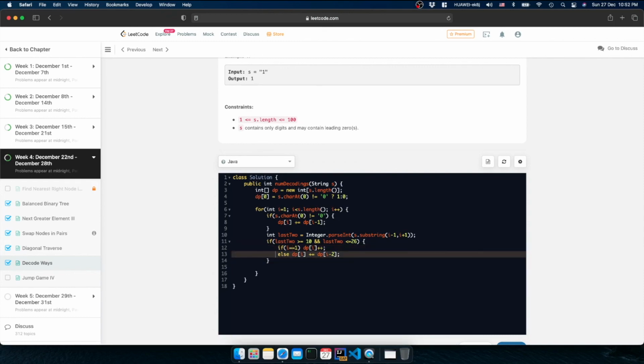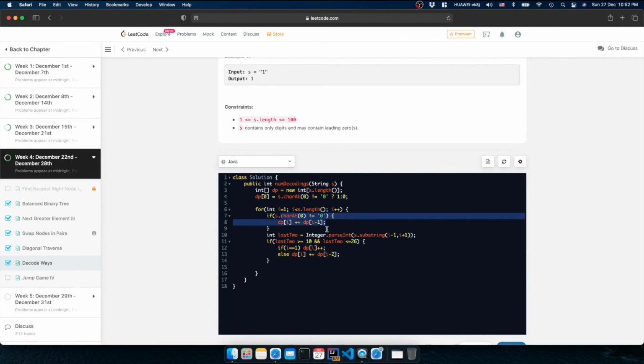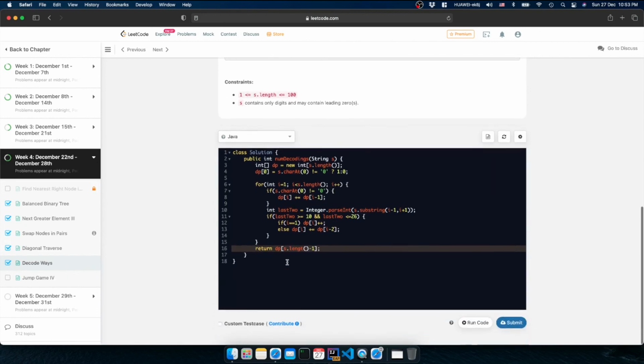Else we are simply saying that if the last character is not 0, then take dp i minus 1. If the last two characters are valid, then take dp i minus 2, right? So hopefully this will give us the answer, and we will just return dp length minus 1, because we are doing zero based indexing, so we will return minus 1.